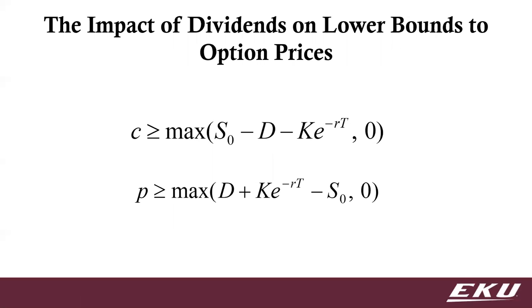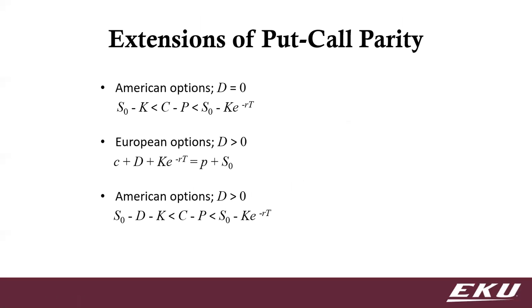So it's a similar exercise, and in fact, we can extend our put-call parity for when we have these dividends. If we don't have dividends, we have our standard put-call parity, and when we start adding in these dividends, it still holds. We just have to make sure we're including that for it to hold.